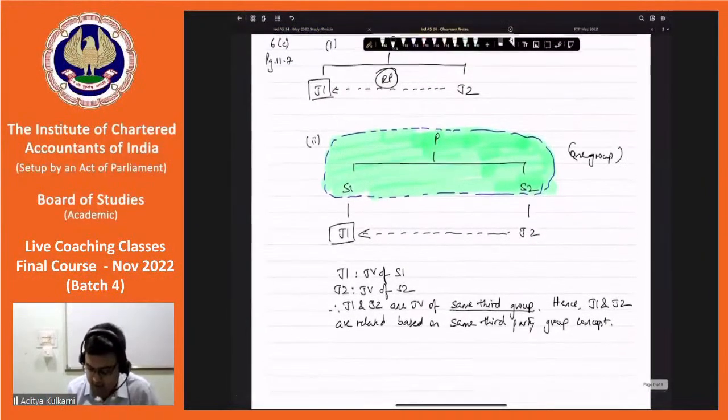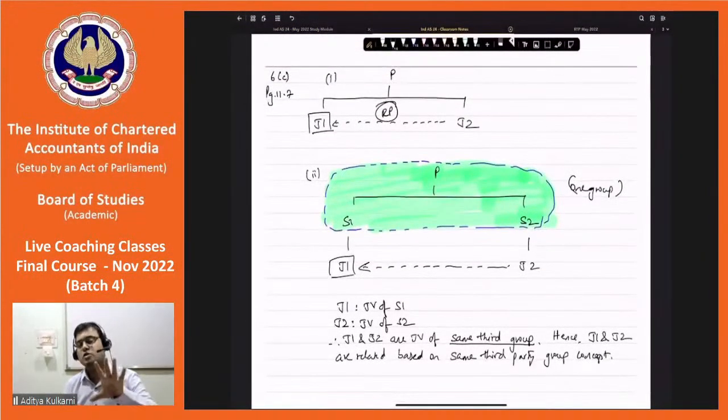Based on that, in the first case, it was parent having J1 and J2 as joint ventures. So J1, J2 would be related. But in the second example, parent had subsidiaries S1, S2. Each of these subsidiaries had J1, J2. So the standard interprets it as P, S1 and S2 together are nothing but one group.